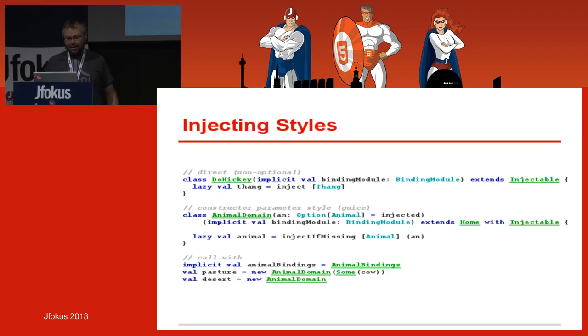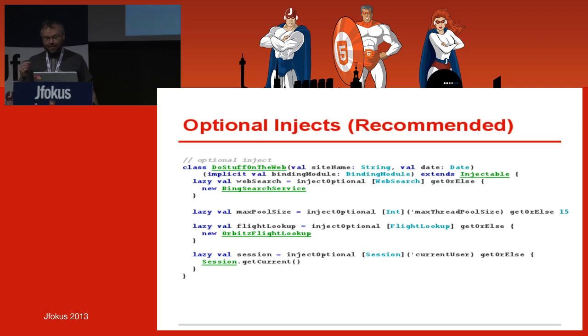The one that is safe, this is the one I use pretty much exclusively now, and it has one tangible or very obvious advantage, which is that it doesn't fail. If you're lacking a binding, it will not fail. It will not give you a runtime error. The less obvious but very useful one is this actually works really nicely with IDEs when you're trying to navigate through the code.